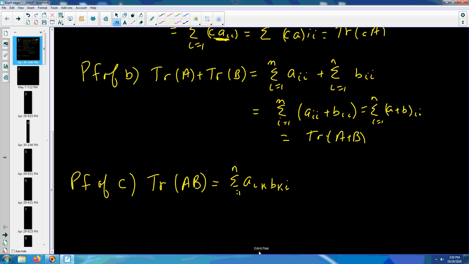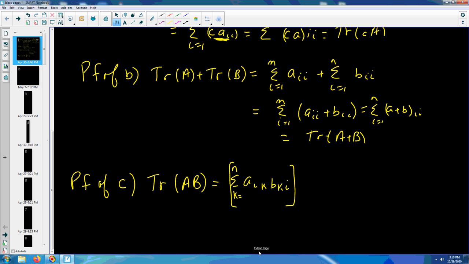Now, that's a bit interesting. Okay, so we need to say a little bit more here. k goes from 1 to n. This here is the ii entry of AB.